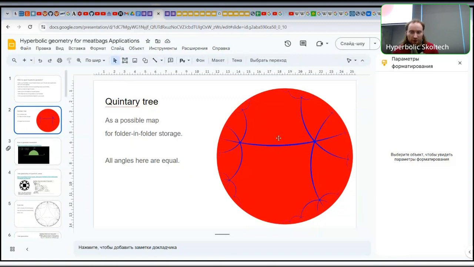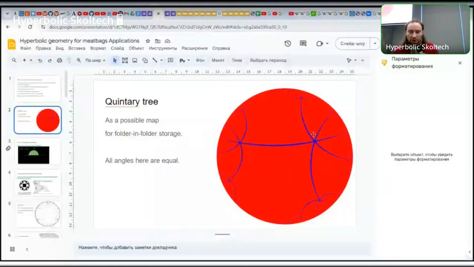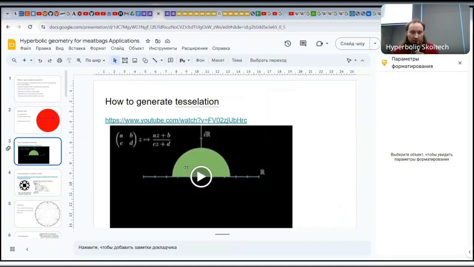Probably you already know what the angle here is. Tell me. Yes, 60 degrees, since you just divide 360 degrees by 6 equal angles.